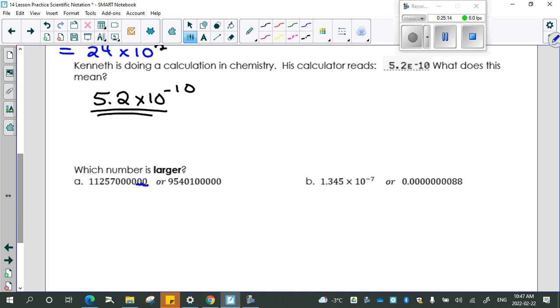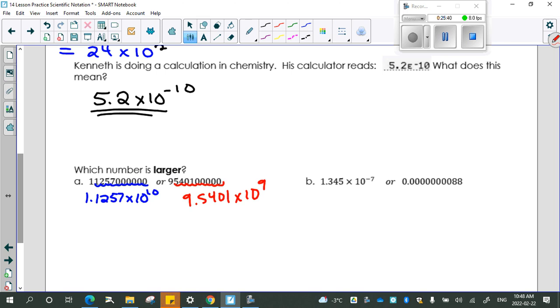1, 2, 3, 4, 5, 6, 7, 8, 9, 10. So that's 1.1257 times 10 to the 10. And this one, 1, 2, 3, 4, 5, 6, 7, 8, 9. 9.5401 times 10 to the 9. Times 10 to the 10 is obviously bigger than times 10 to the 9.